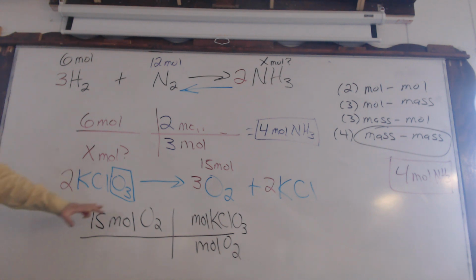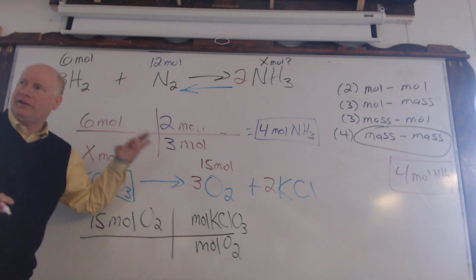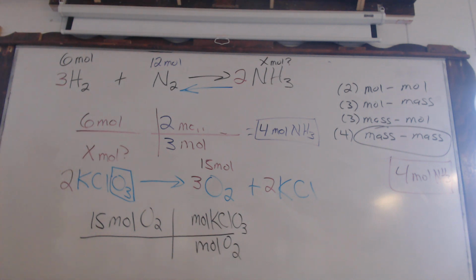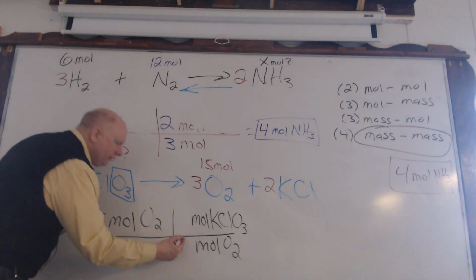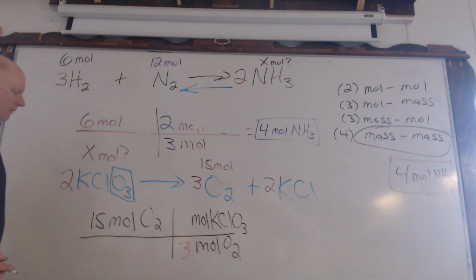Okay. So here again, anytime you see a mole over a mole, that's a mole ratio. Look back at your balanced chemical equation. What coefficients do we need? A 3 on the bottom, coming from this 3. Yep. And what goes up on top? A 2. Okay?